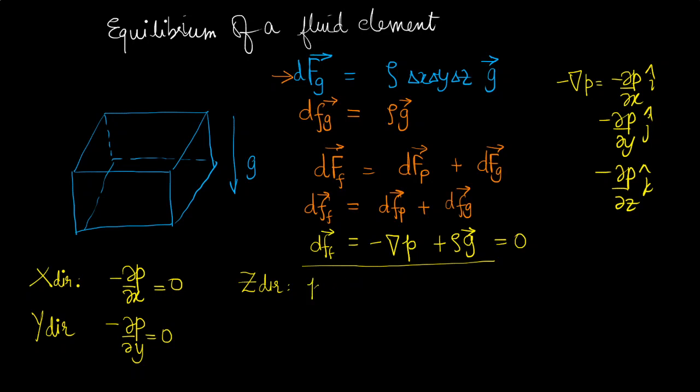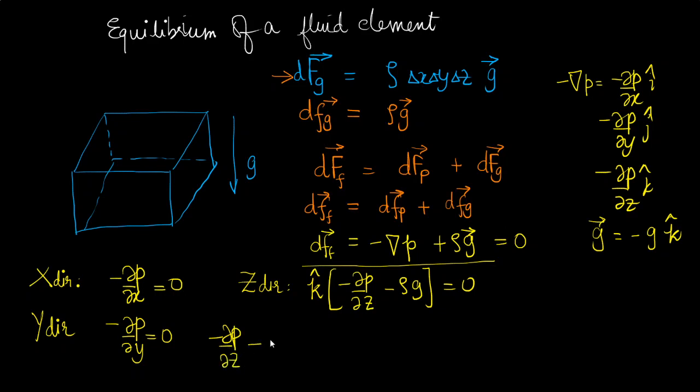So if I collect the k components of this expression, I will have minus del p del z minus rho g equal to 0, because the g vector is nothing but minus g times k. So if you equate this to 0, it means the coefficient of the k vector must be 0, and that means minus del p del z minus rho g is equal to 0.